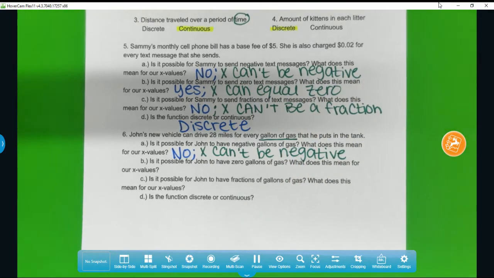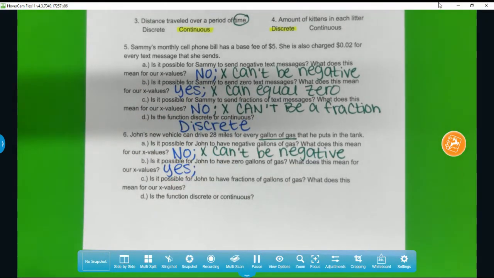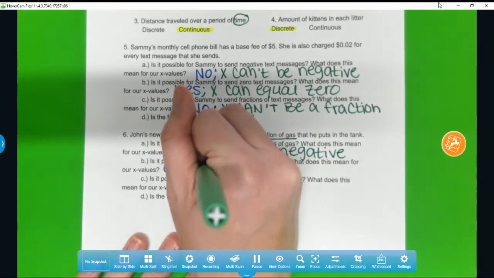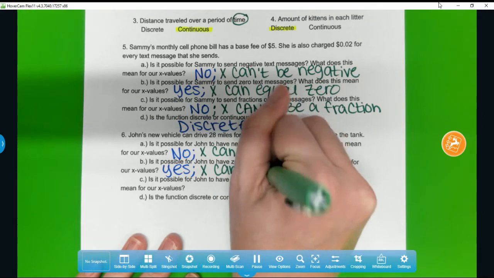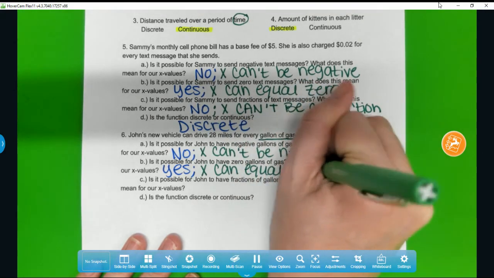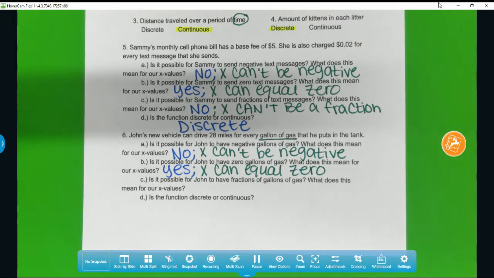Is it possible for John to have 0 gallons of gas? Yes, he could run out of gas. So what does this mean for our x values? It means x can equal 0. Is it possible for John to have fractions of gallons of gas?